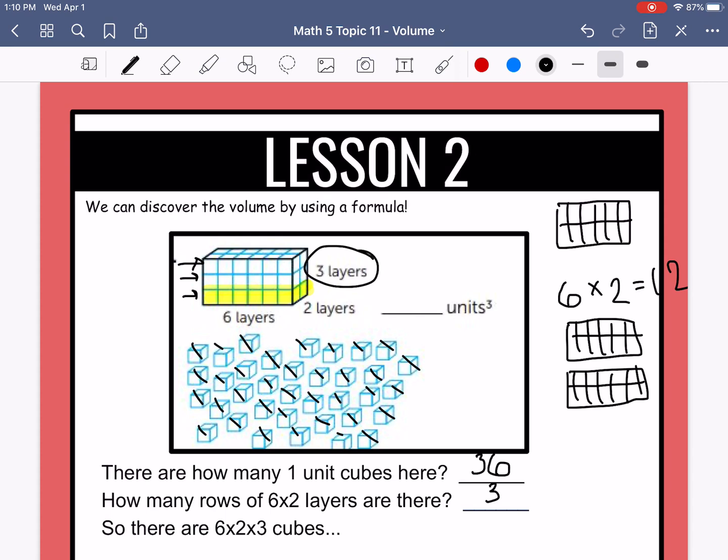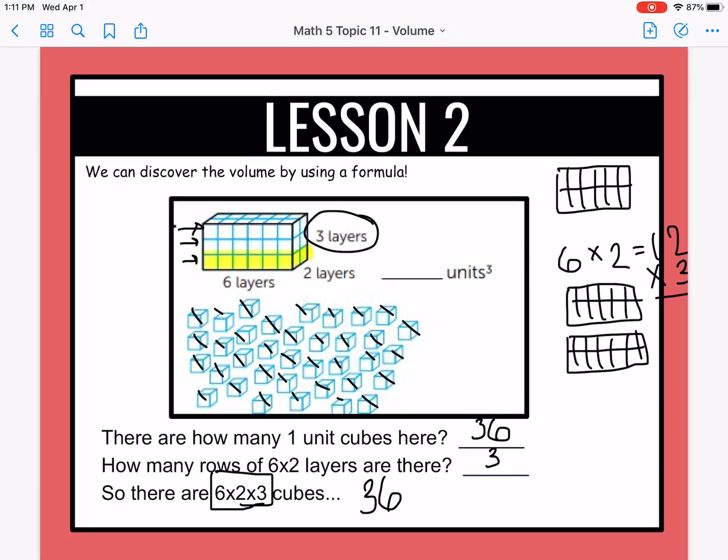We could take the fact that there are 6 times 2 in the bottom, and then times 3 because there are 3 sets of them. What is 6 times 2? Well, 6 times 2 is 12. And what's 12 times 3? Well, that gives us 36. So we have 36 cubes. What did we do to those numbers? Correct, we multiplied them. And that is what we're learning today.